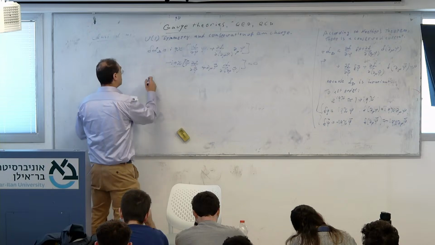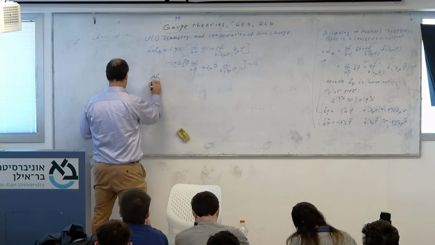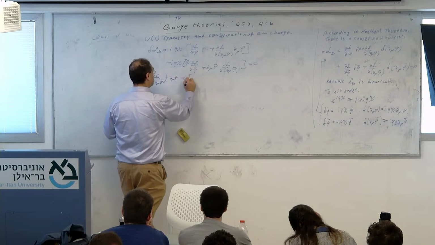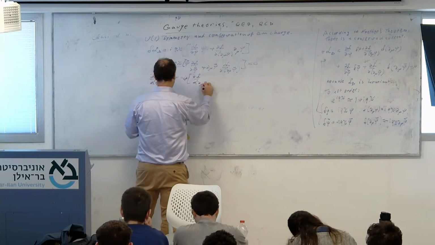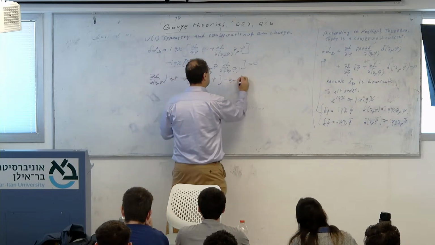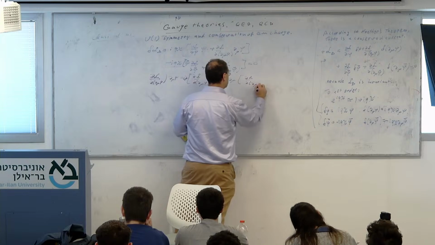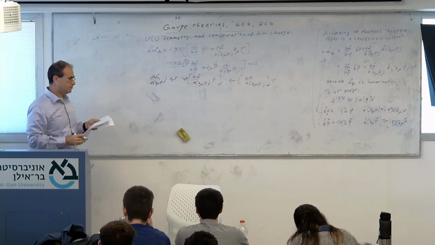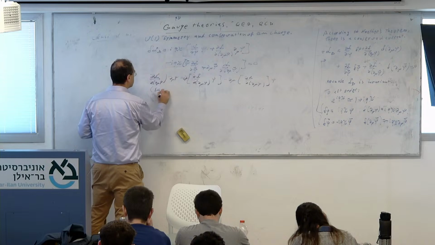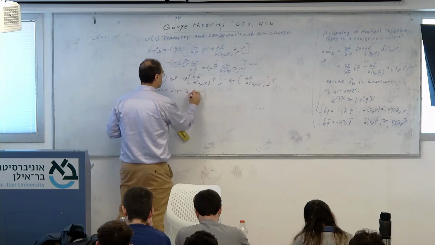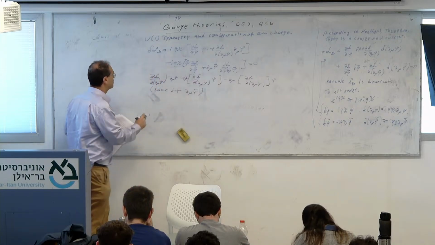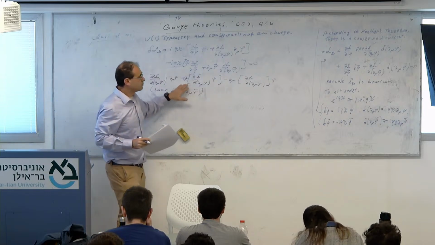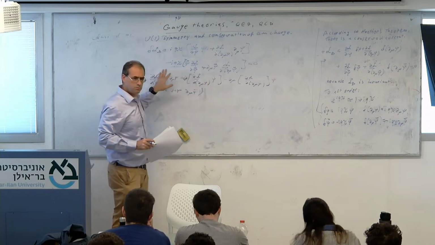So, dL/d(d mu psi) d mu psi is d mu of dL/d(d mu psi) psi minus d mu of dL/d(d mu psi) psi, and the same for the d mu psi bar. Completely standard.